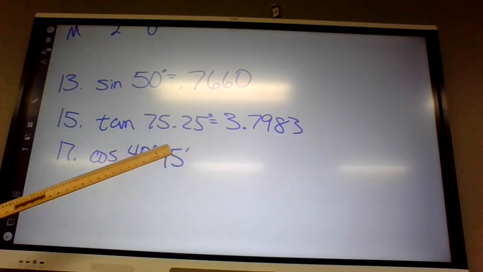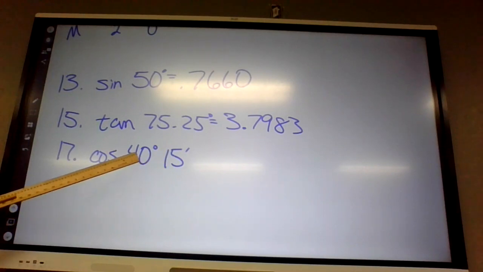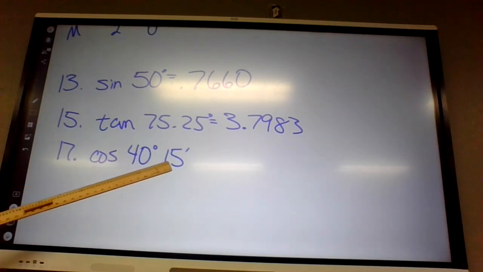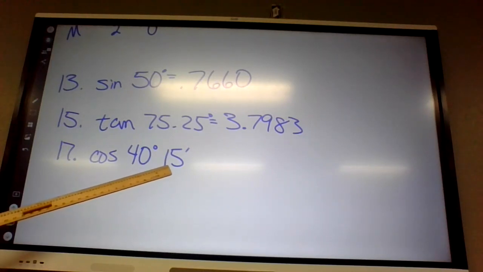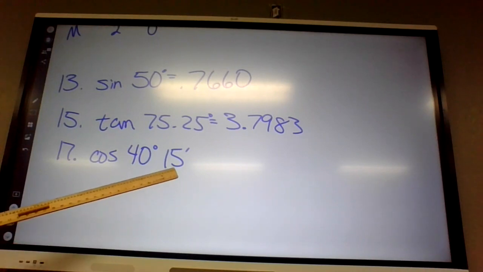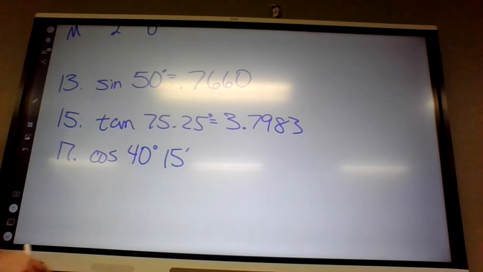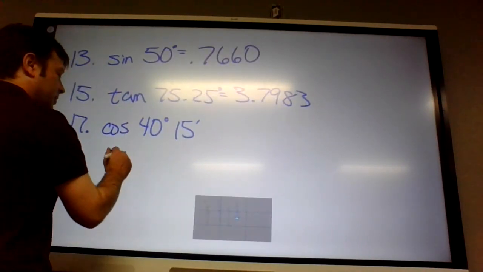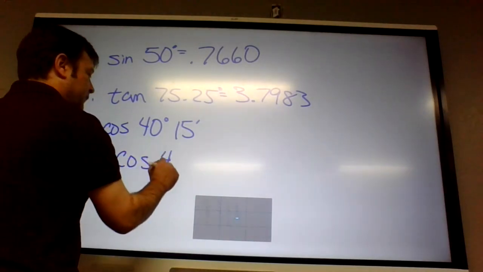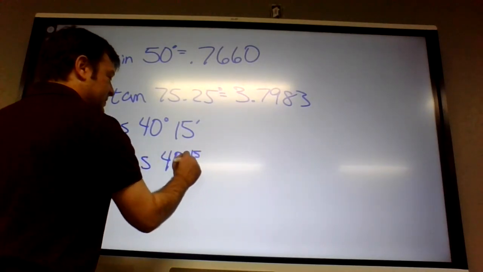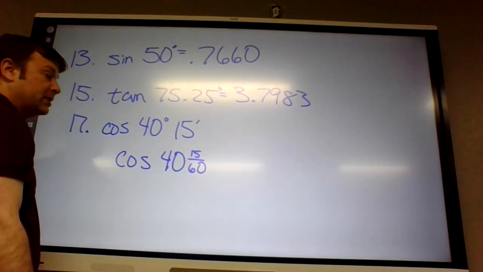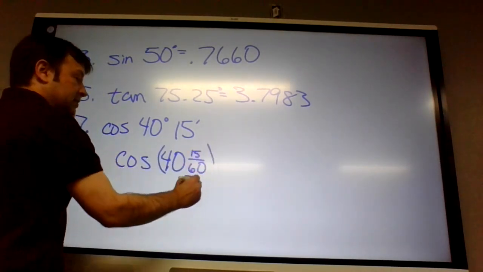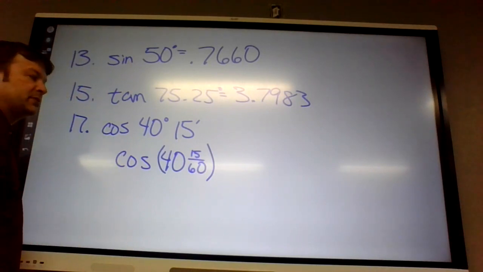On 17, this is called 40 degrees and 15 minutes. And a minute represents 1/60th of a degree. You know how a minute on the clock is 1/60th of an hour? So what this is worth is 40 and 15/60ths of a degree. So what you can put in your calculator is that.